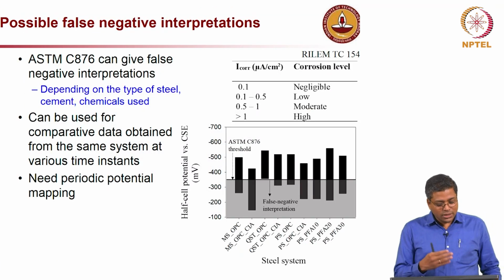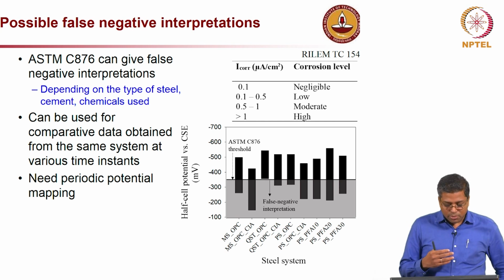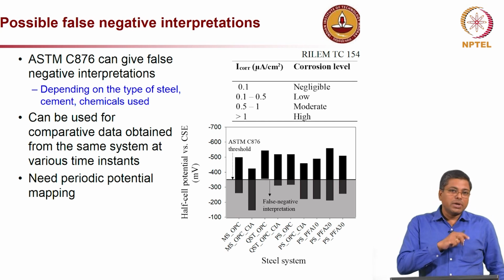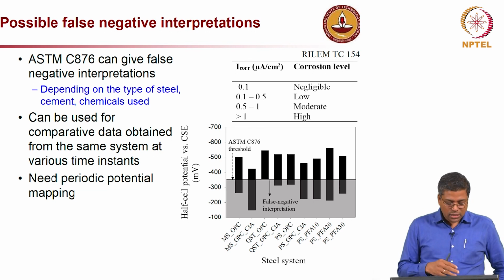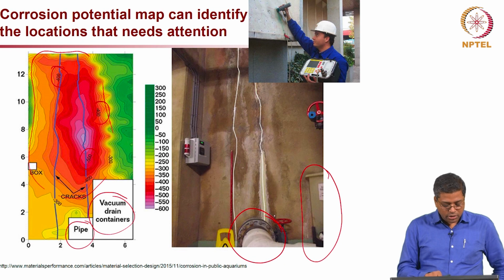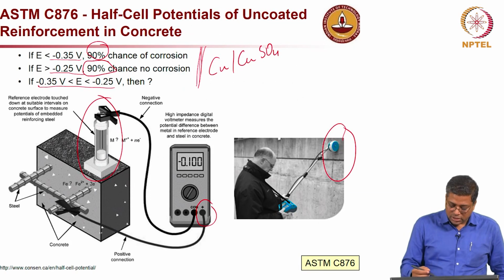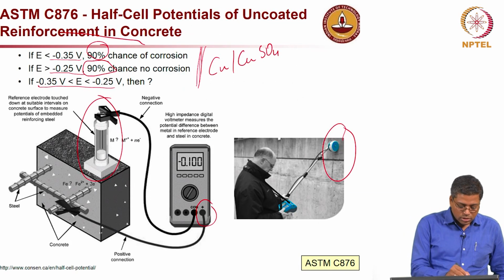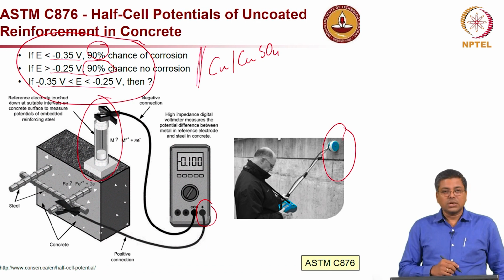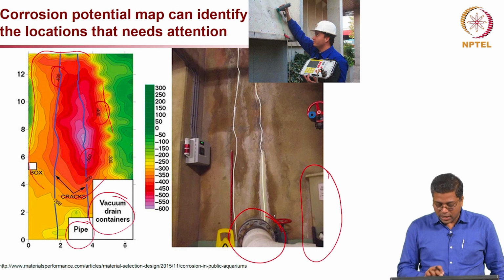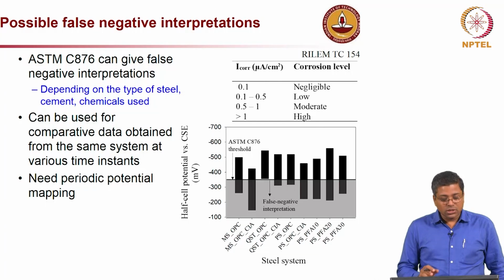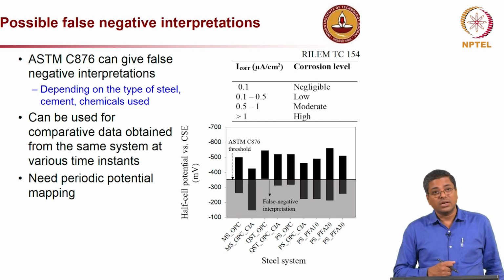Another important thing to tell is that in this particular standard, ASTM C876, the values which I showed you earlier, minus 350, minus 250, and all these criteria or guidelines were developed based on steel and concrete used in the 1970s.